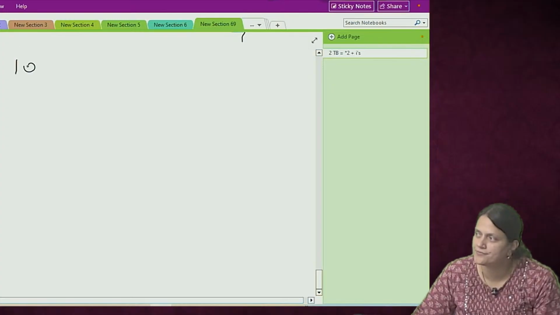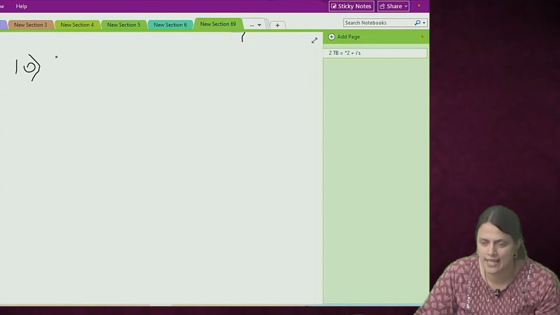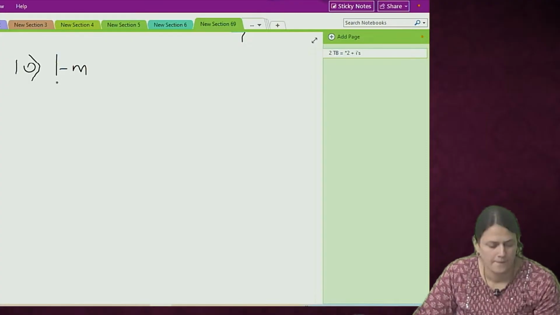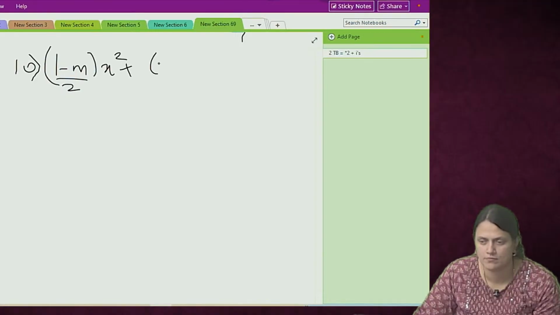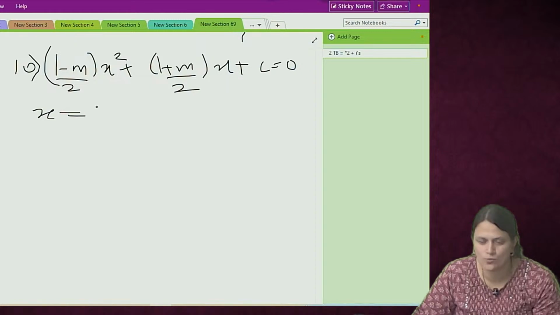10th. So this is L minus m upon 2 into x square. आता x ची value let us substitute it as 2m upon 1 minus m.